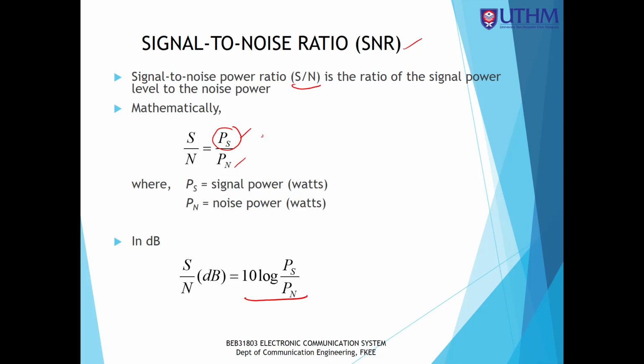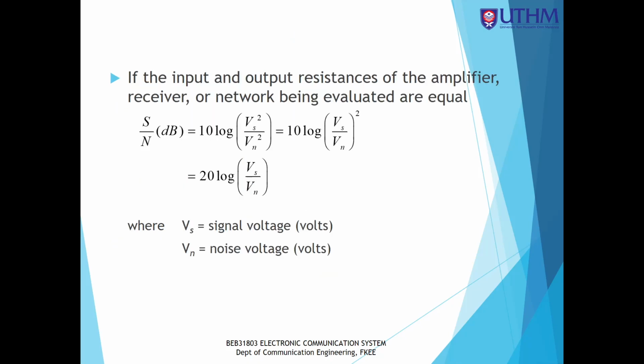If the SNR is higher, that means the signal power is much stronger compared to the noise power. In practical systems, normally we measure the SNR in terms of decibel, dB. And we can also see the SNR in terms of voltage and power ratio.